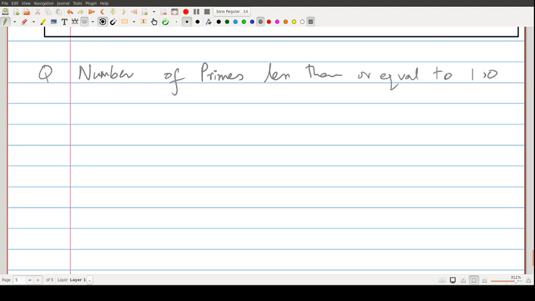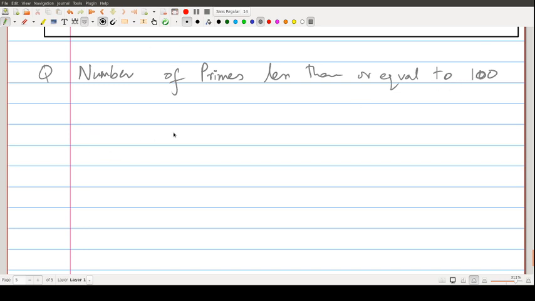So here's an example, and I'm not going to complete this example, I'm just going to state it. So let's say I want the number of primes less than or equal to 100, right?